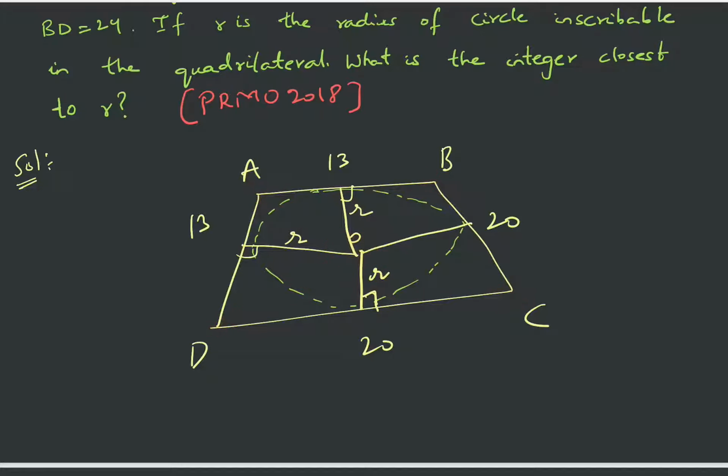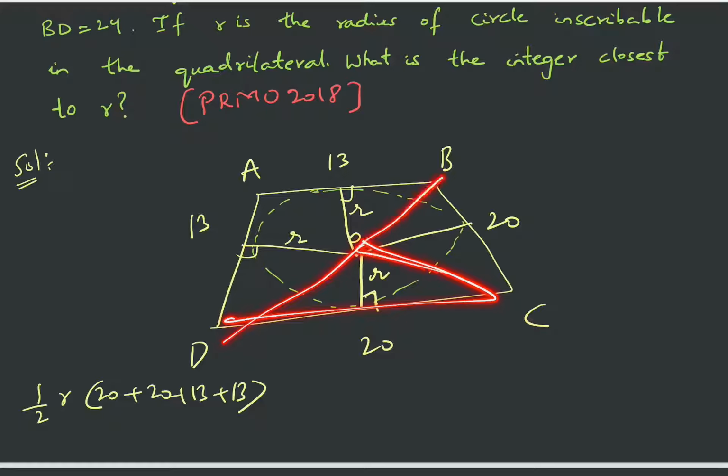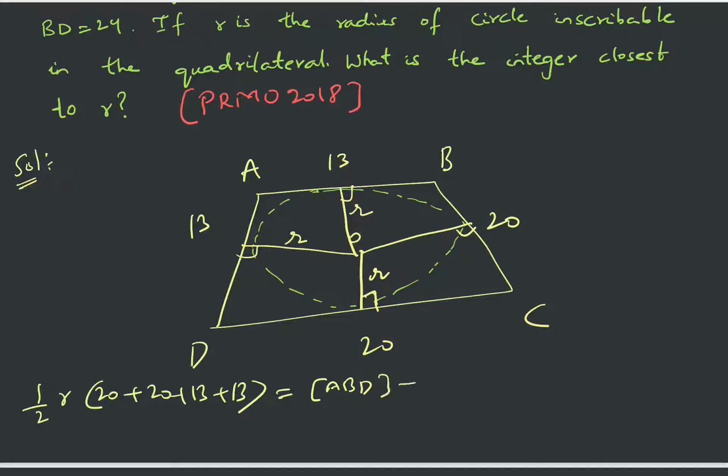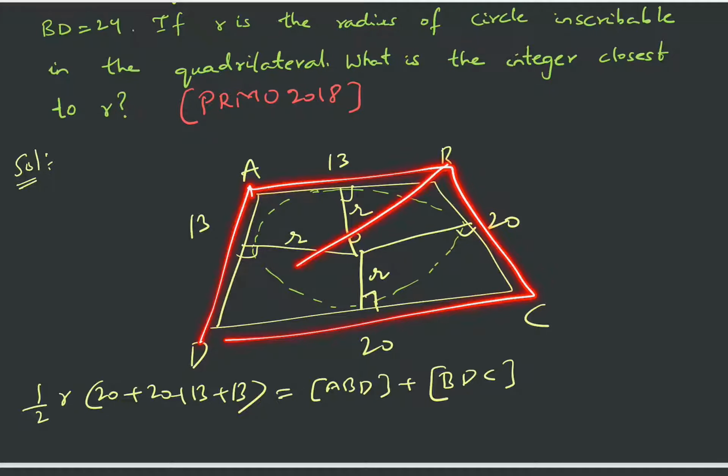So that will be half times R times (20 plus 20 plus 13 plus 13). This is the area of all the smaller triangles, half base into height, since this is perpendicular. Now this is equal to the area of triangle ABD plus the area of triangle BDC, because the area of the entire quadrilateral I can split into the areas of two triangles, ABD and BDC.